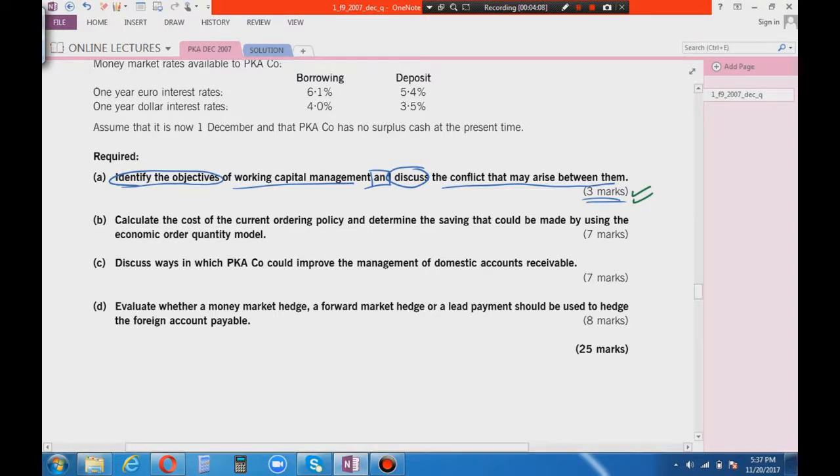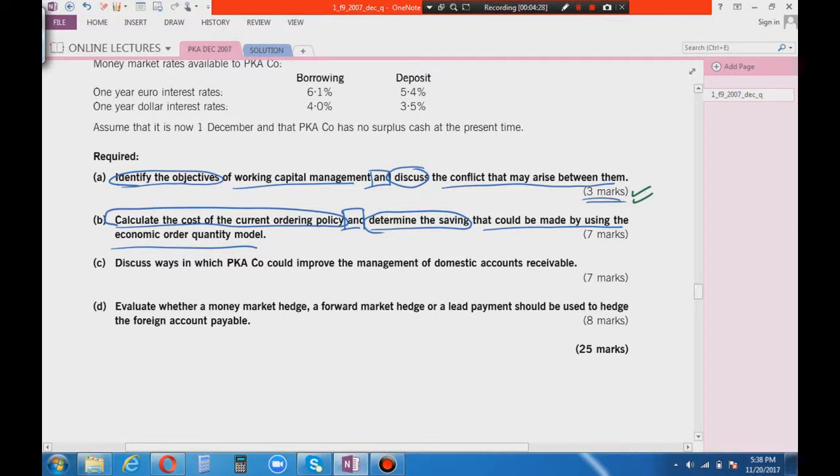Okay, so the second part of the question is calculate the cost of current ordering policy and determine the saving that would be made using economic order quantity.